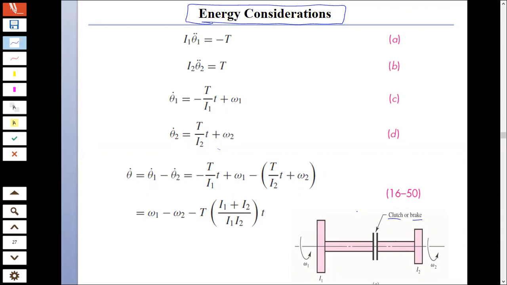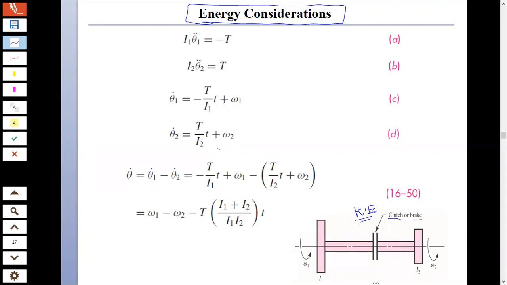If it is a brake, then kinetic energy needs to be absorbed because there is slippage over here, or the kinetic energy of the moving body needs to be absorbed.